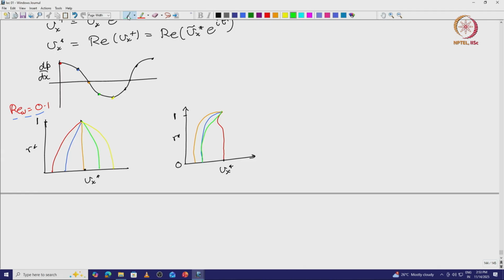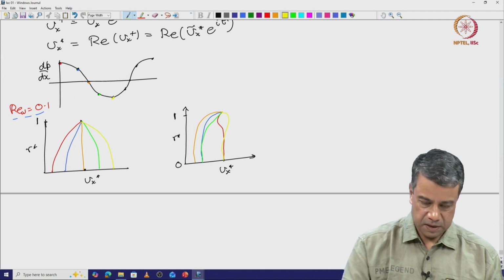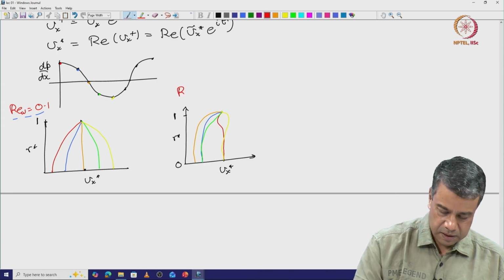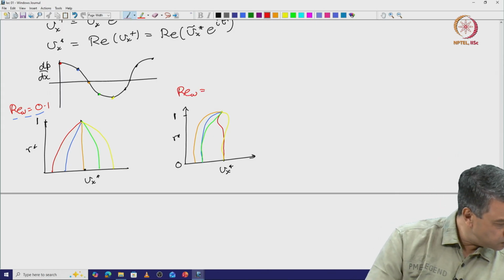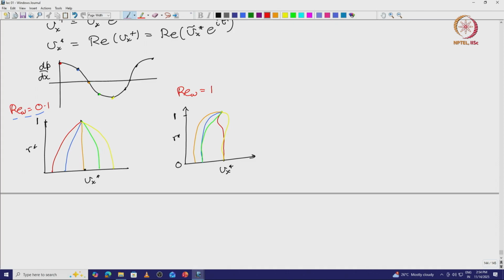And at the yellow point you get a velocity profile that looks something like this. And then it goes on the other side as part of that cycle. This is when Re omega is equal to 100.